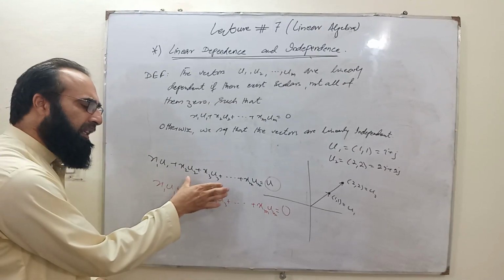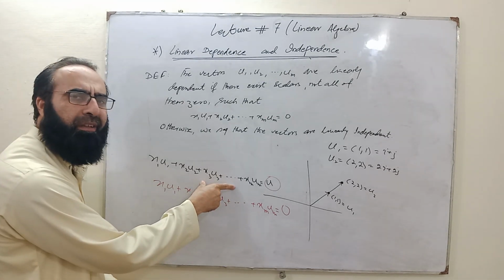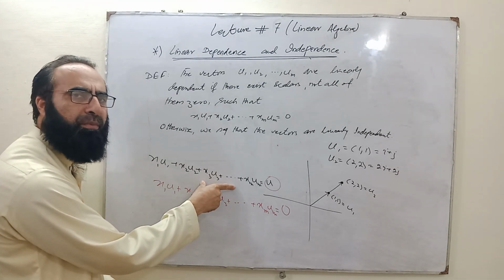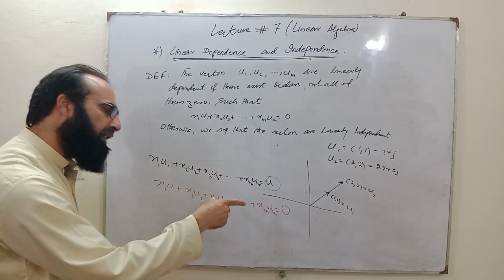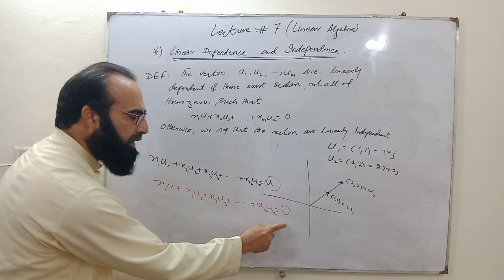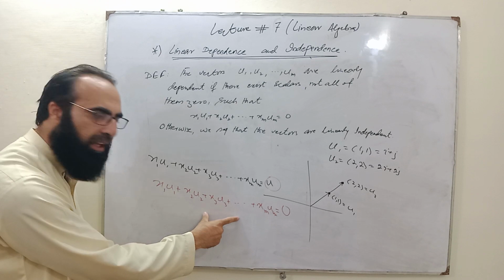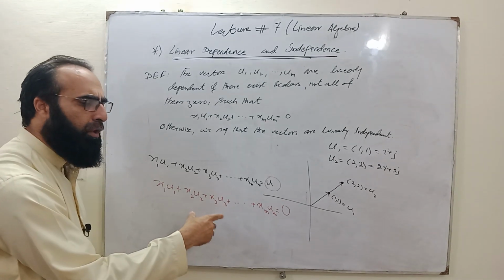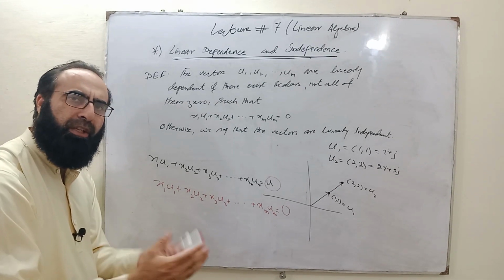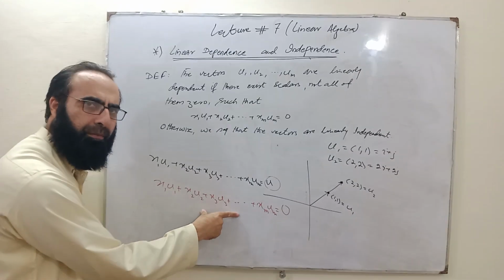So in case of linear combination, from this equation we obtained a non-homogeneous system of linear equations, and in this case when the specific vector becomes the zero vector, then from this equation we obtain a system of homogeneous linear equations. And to check whether the vectors are independent or dependent, we have to deal with this equation.